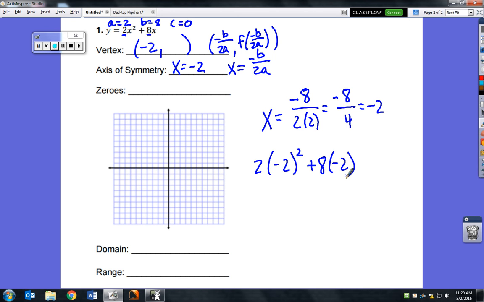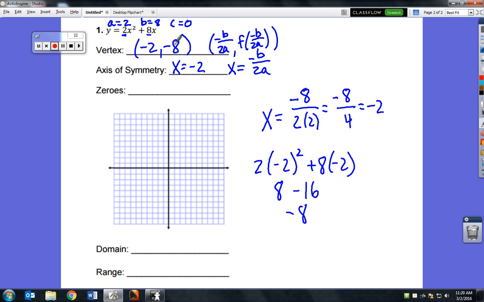I'm going to go slower than that. I have negative 2 squared, which is negative 2 times negative 2, which is 4. 4 times 2 is 8. Then I have 8 times negative 2, which is negative 16. So 8 minus 16 is negative 8. So my y value for the vertex is negative 8.